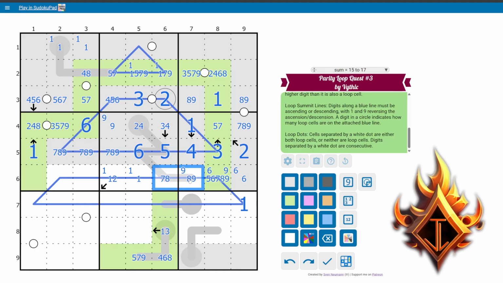That is 9. 9 can still be there as well. 2, 3, 4, 7, 8, 9.